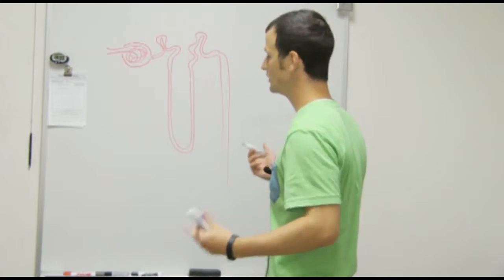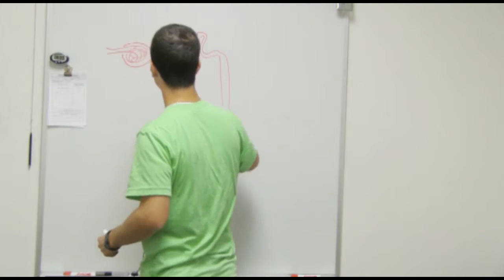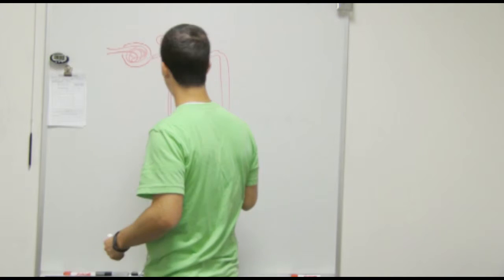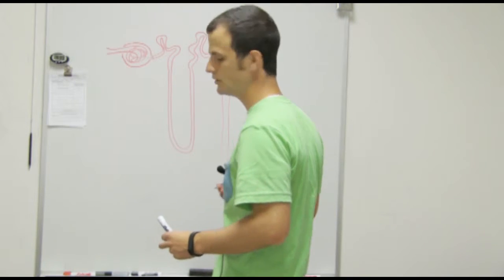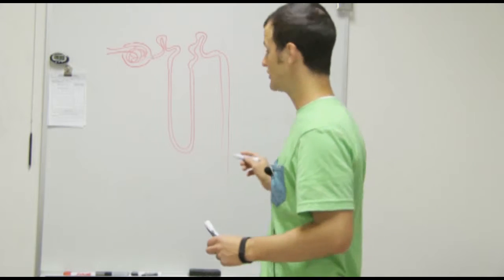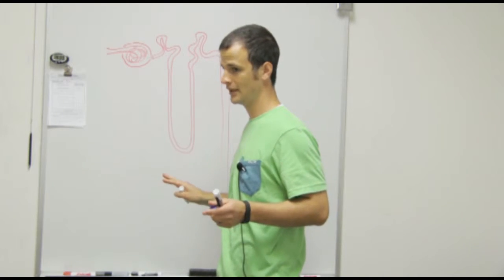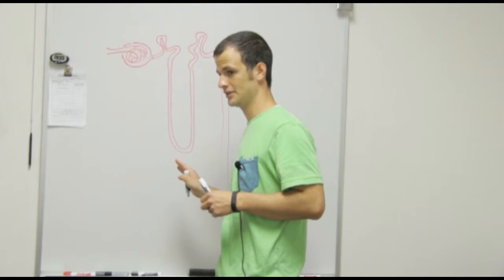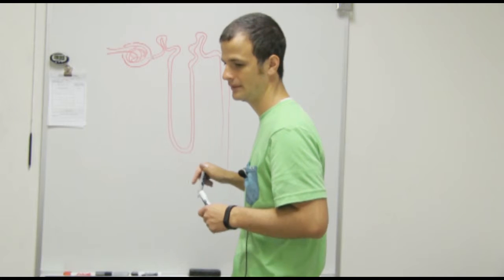Okay, so in the proximal convoluted tubule, when I draw things going out and in, if it's going out of the nephron, it means it's going into the capillary. And if it's going into the nephron, it's coming from the capillary, or from the interstitial space, okay?